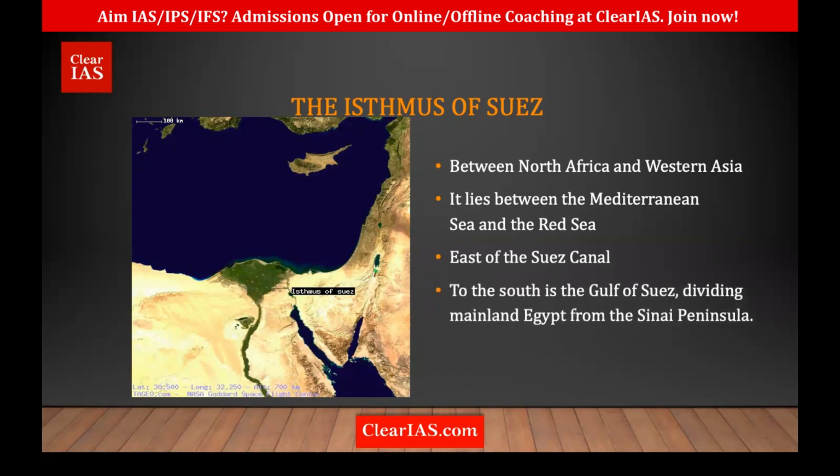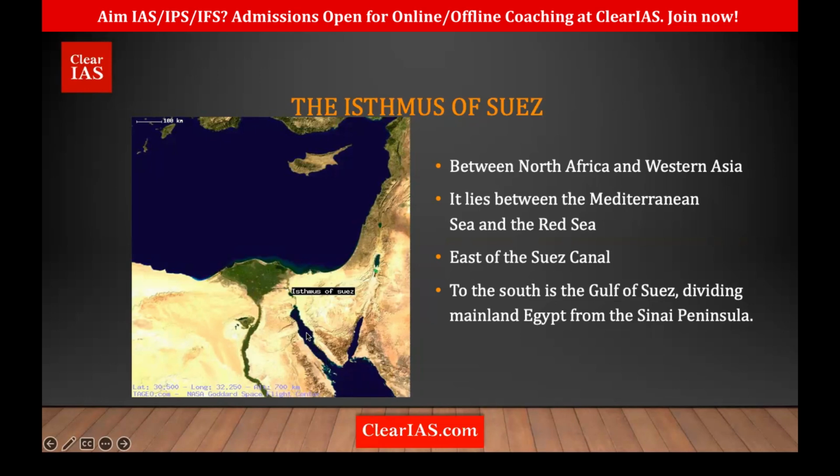This is the Red Sea here, and this part is the Gulf of Suez, which separates Egypt and the Sinai Peninsula. The Sinai Peninsula, this whole thing, is part of Egypt, and the Isthmus of Suez is part of Egypt, with the Gulf of Suez there.